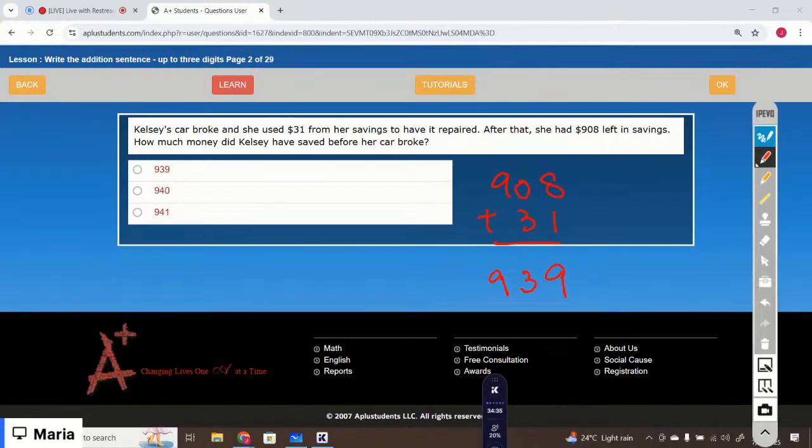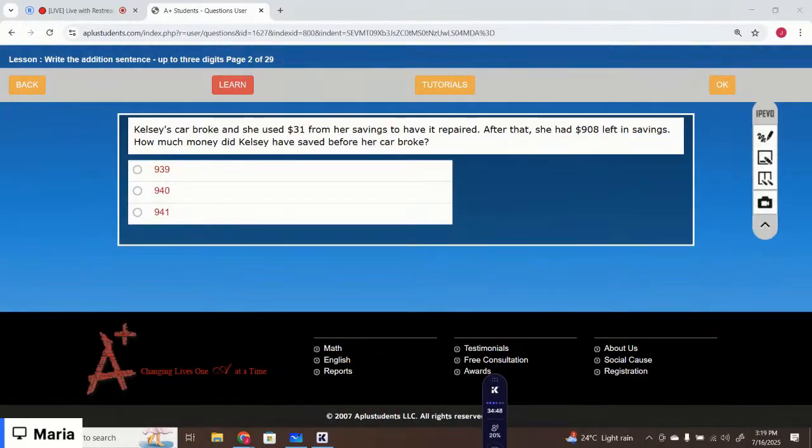So that makes 939. Option number 1 is the correct option. That is 939.